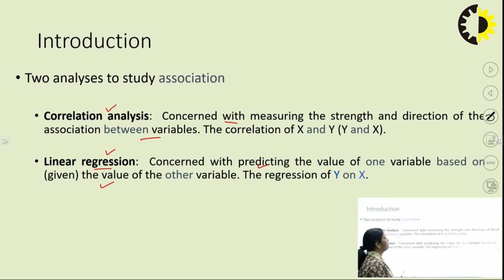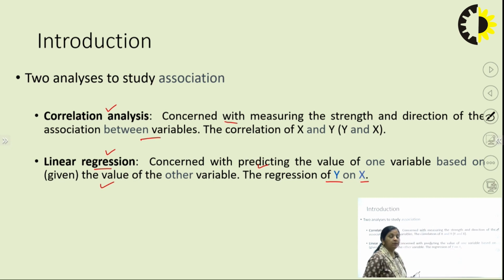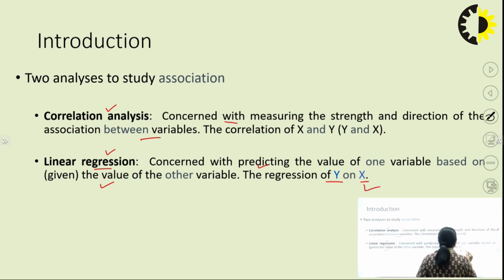We call it regression of y on x. It means we are given the value of x, and based on that we find the value of y. This is our independent variable and this is the dependent variable.